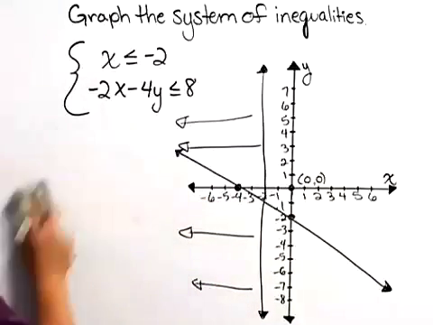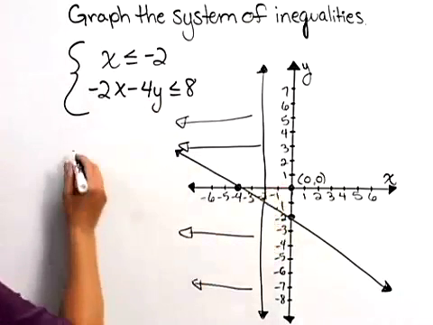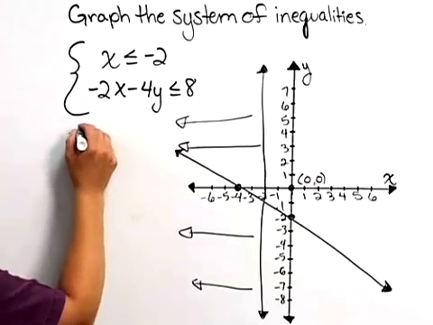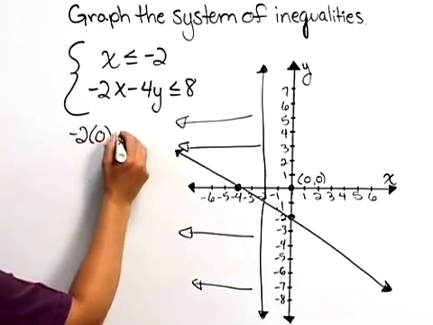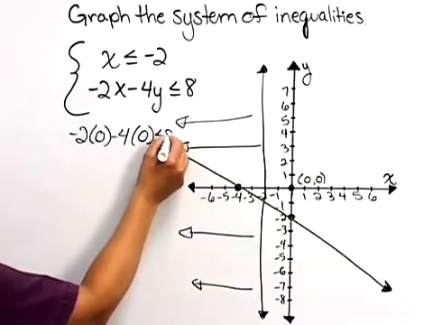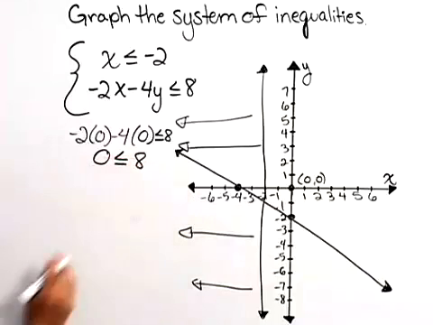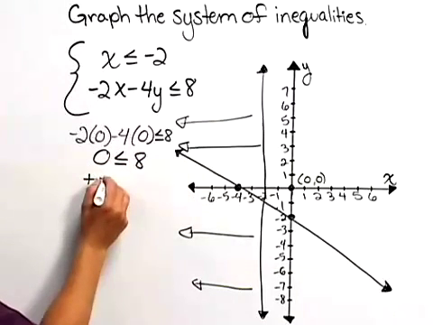So we're going to plug in 0 for x and 0 for y, which would be replacing it with the origin. So -2 times 0 minus 4 times 0, is that less than or equal to 8? Well, that makes 0 less than or equal to 8, which is true.